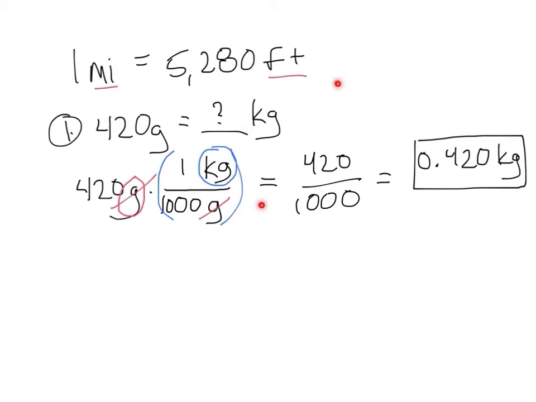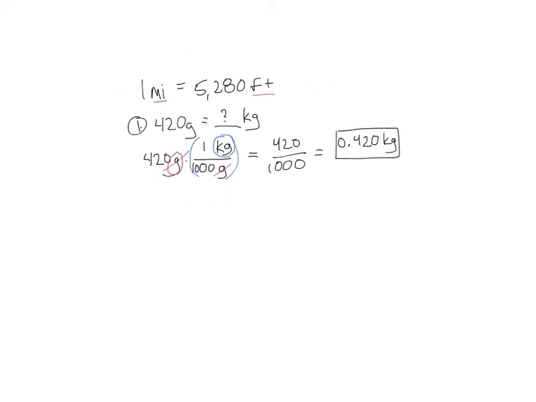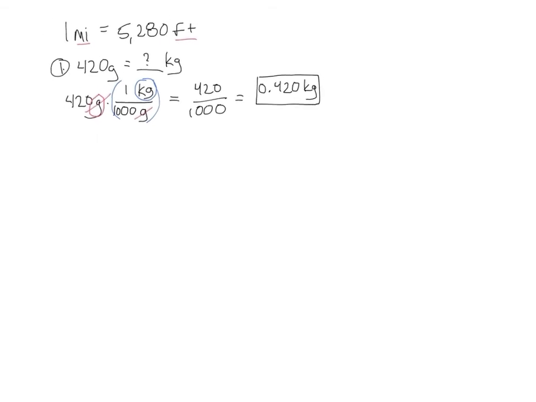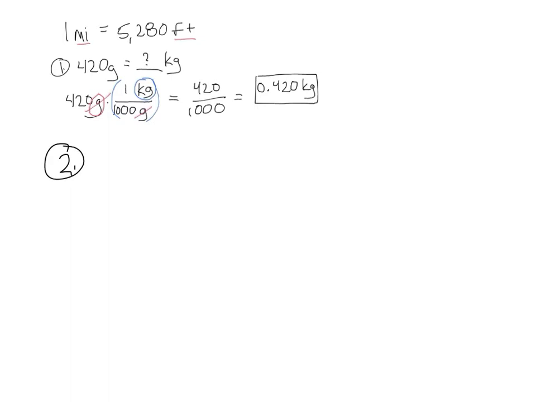Let's try number 2 together as well. Okay? Let's see here. I'm going to minimize that a little bit and put it up there. Good. Okay, number 2 goes like this. Convert 458 kilometers to meters. Kilometers to meters.